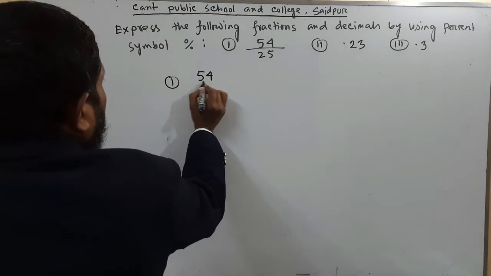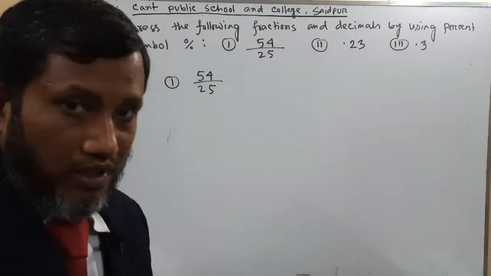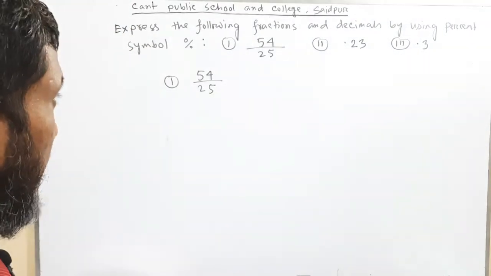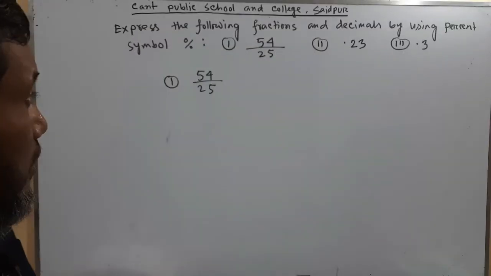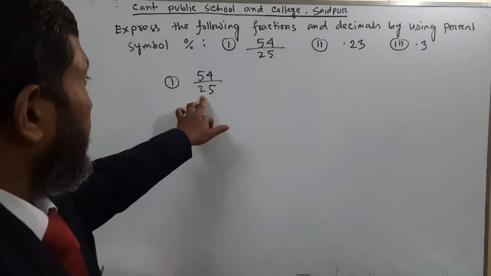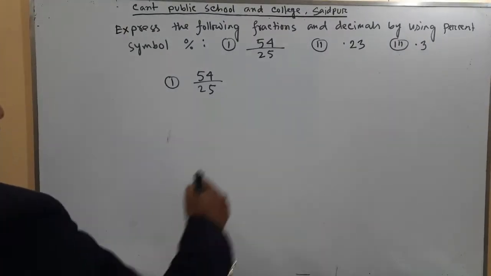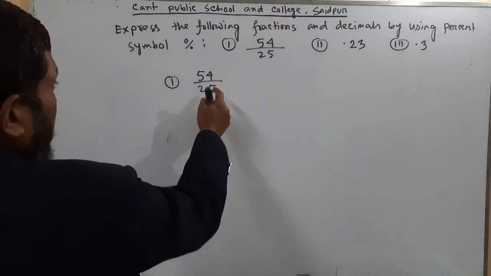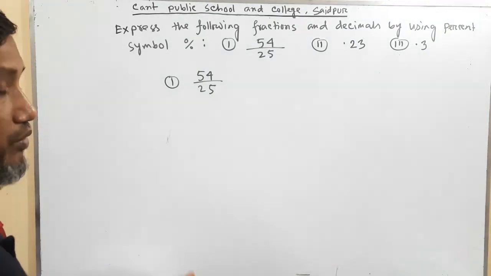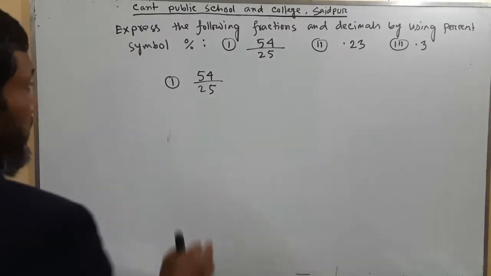Here 4 by 25. According to the definition, we know percentage is such a fraction whose denominator is always 100. But here we are seeing denominator 25. If we multiply numerator and denominator by 4, because 4 twenty-fives are 100, we want to make this denominator 100.